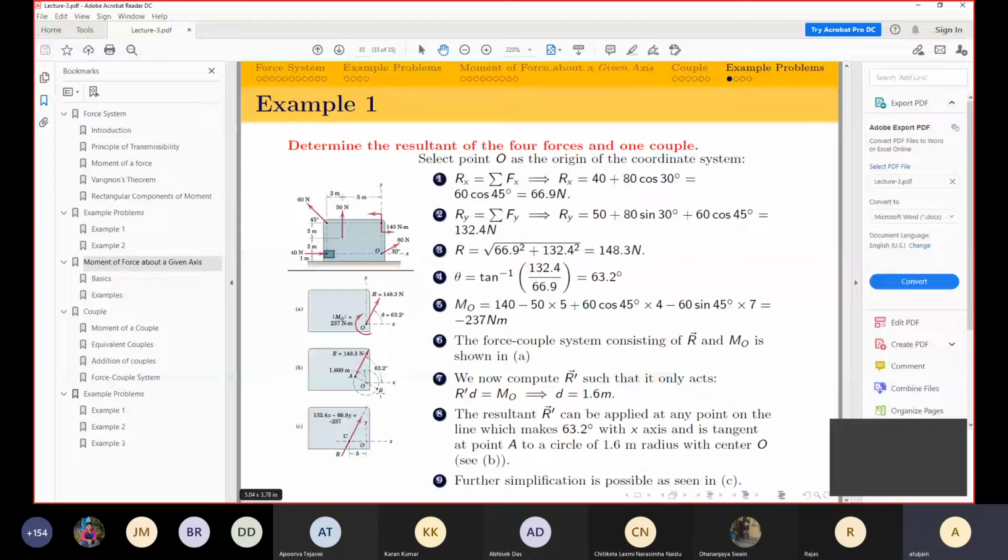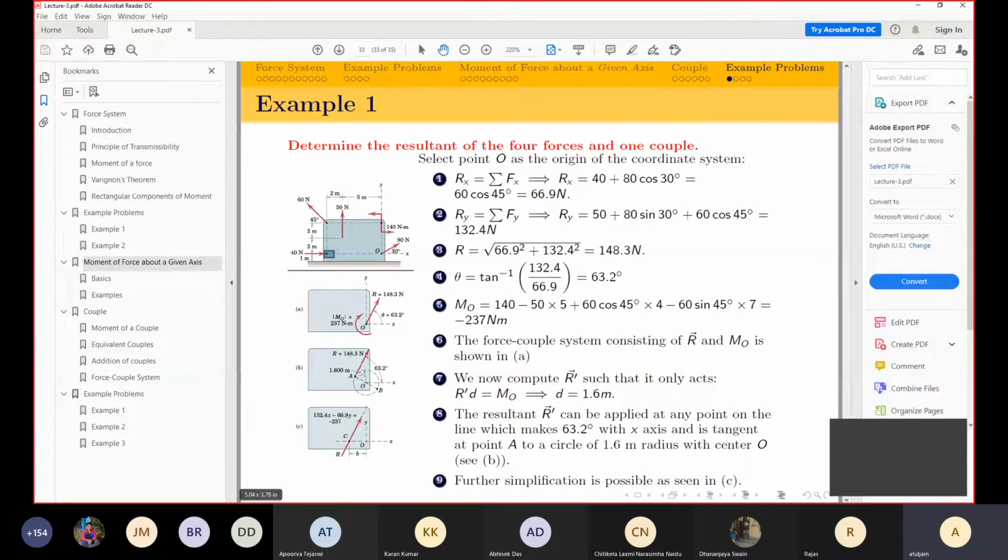Sir, why did you draw a circle there? Because at point O, anywhere on this circle, it just gives me the value of D. It does not tell me the position, so the force is actually passing through A. It just tells us the perpendicular distance D. Wait, it should be tangent to this circle, right?